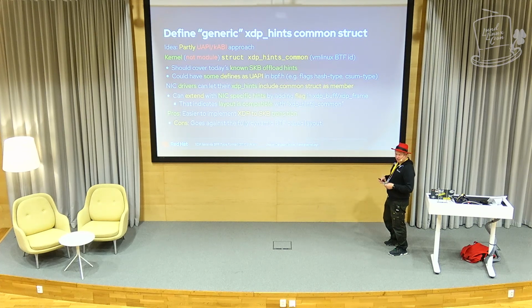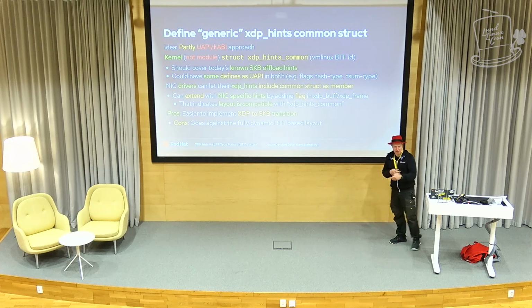As the space is limited, we likely need some flags and bits defining which parts of the current struct have been filled out by the driver. So it could be a compromise to have some of them here, and then drivers could include this common struct as a member of their driver struct when they want to extend it.